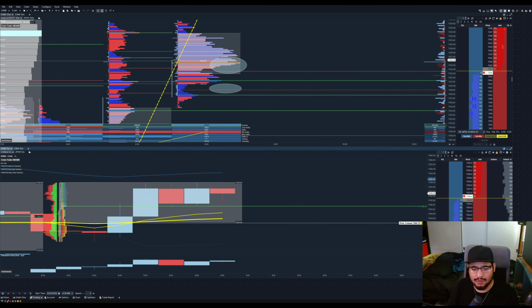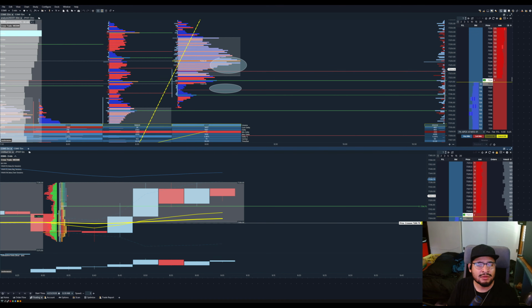So I go back to TradingView. We're still in this consolidation area. I see a node from 73.26 to 73.37. So 26 to 37. I don't even know how long it was, but 26 to 37.